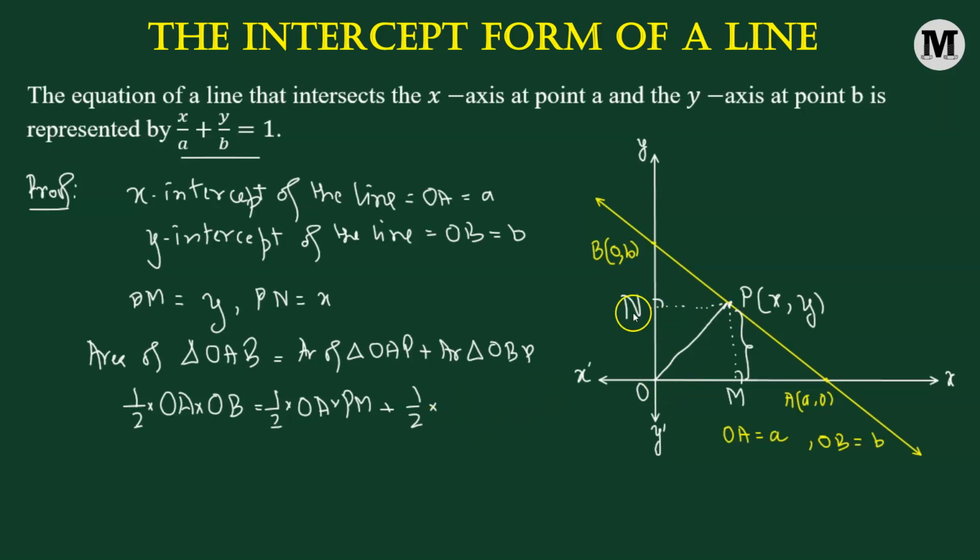So here we can consider the base to be OB multiplied by the altitude, which is simply PN. Now we can substitute the values. So we have half times AB, since OA is A and OB is B, equals half multiplied by OA, that's A, multiplied by PM. We consider PM to be Y. So half added to half multiplied by B times X.